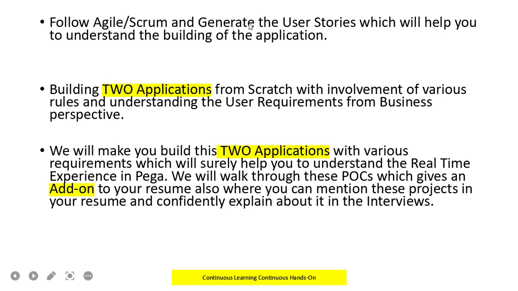In this time period, we will be developing two applications from scratch, understanding each business requirement, how to go with each application. In each application, we'll have 15 to 20 user stories, which will be used to develop all the rules.